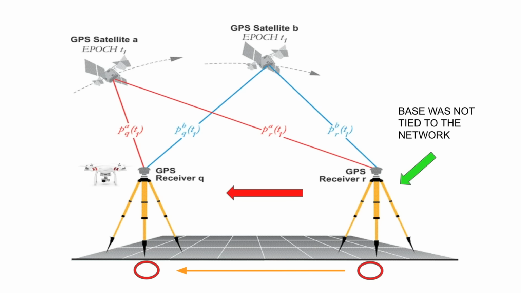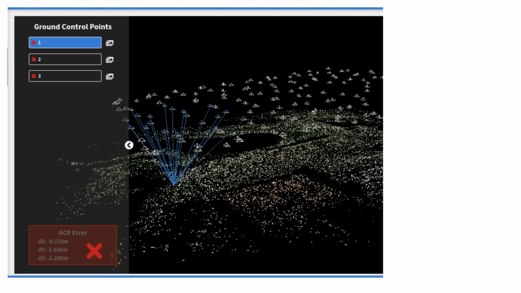And so what we found out was that if we added an additional parameter to Carlson PhotoCapture for RTK data sets, it says, hey, if you have a base that you didn't set up on a known point, we're going to calculate a 3D offset between the base location that you gave us, or the ground control point location that you gave us, and what we're estimating from the photogrammetry.